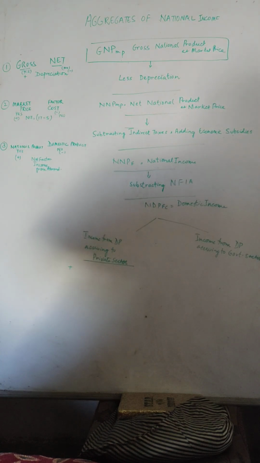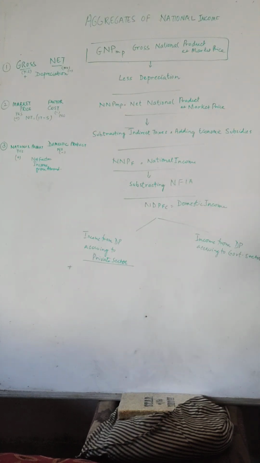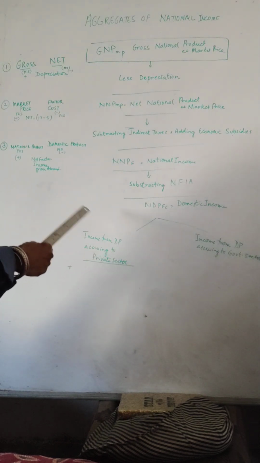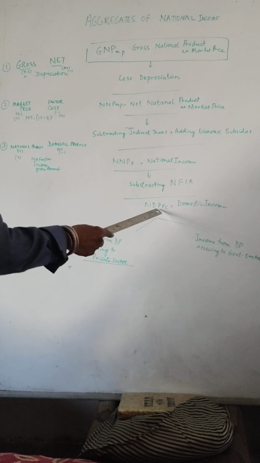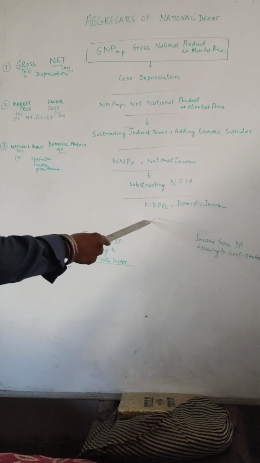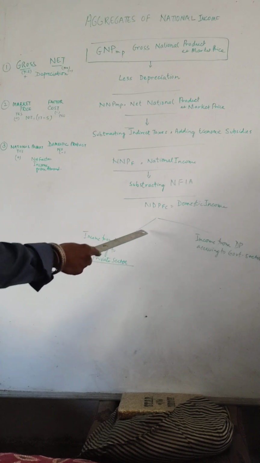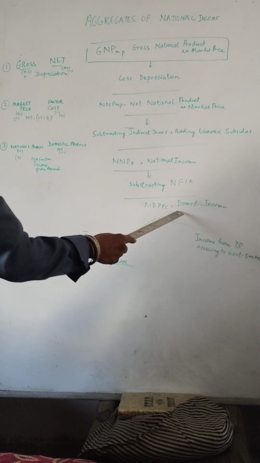And remember, India being a mixed economy, we have both the government sector and the private sector side by side. So in the net domestic product at factor cost that is generated, there is some income which accrues to the private sector, and some to the government sector.